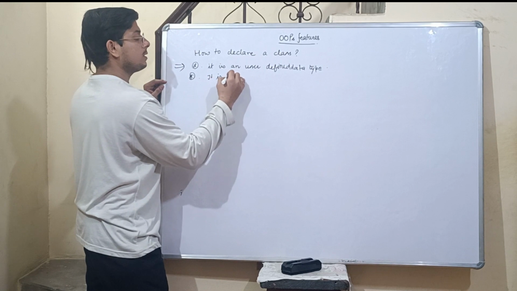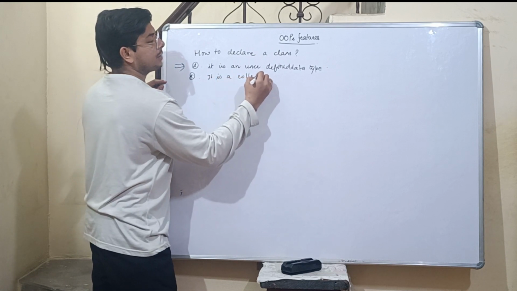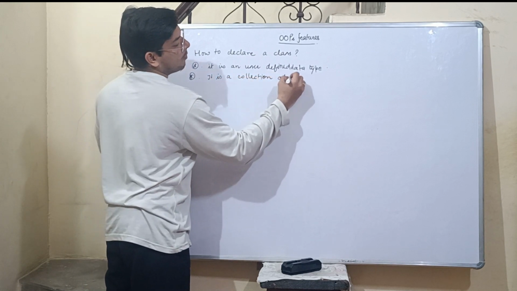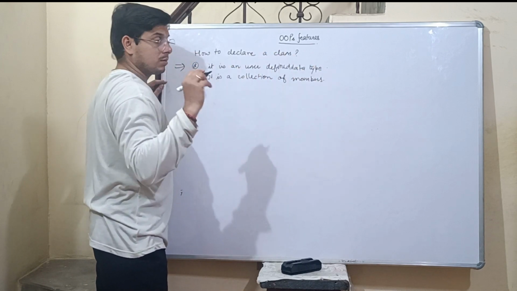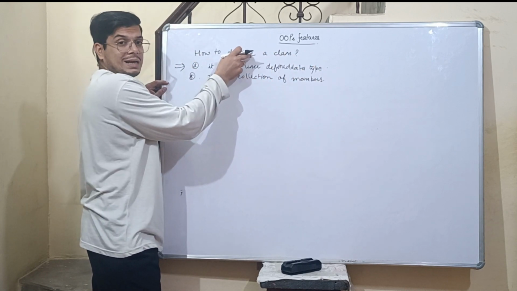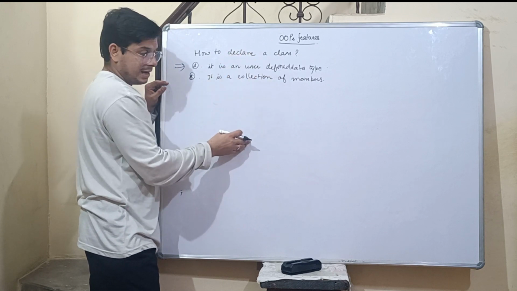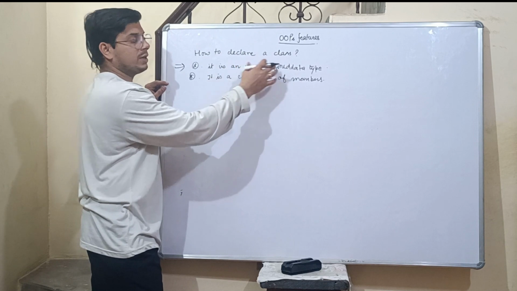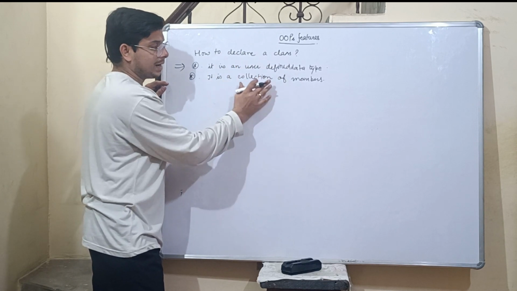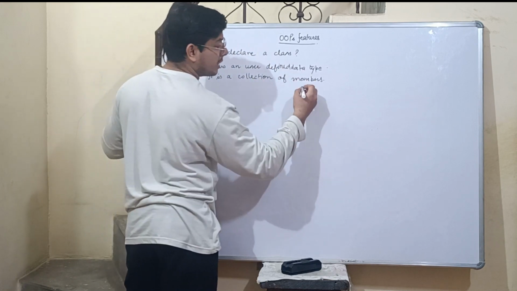It is a collection of members. Second point, if we have to declare a class, we should know now what the class is and what things are in the class. So user defined data type. Second is collection of members. What are the members?